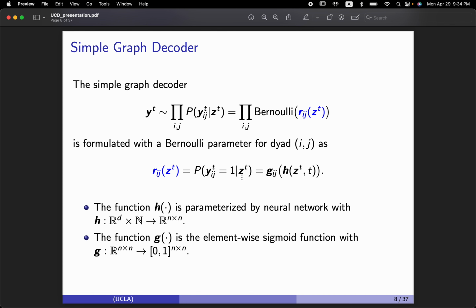The function h is parameterized by a neural network, which takes the latent variable Z_t as input and outputs a real-valued n by n matrix, followed by an element-wise sigmoid function to convert the real-valued n by n matrix into a probability n by n matrix.